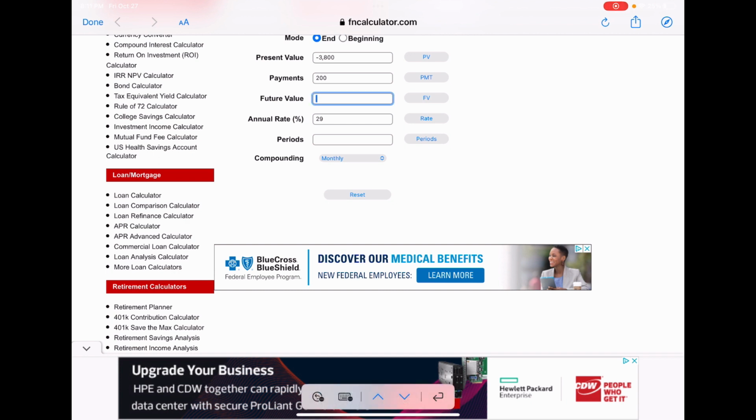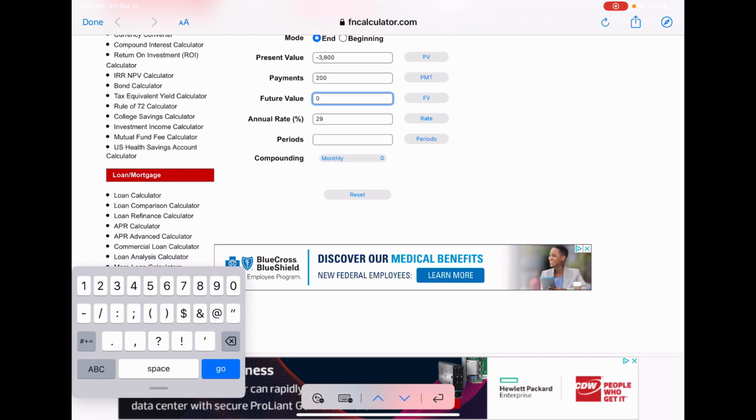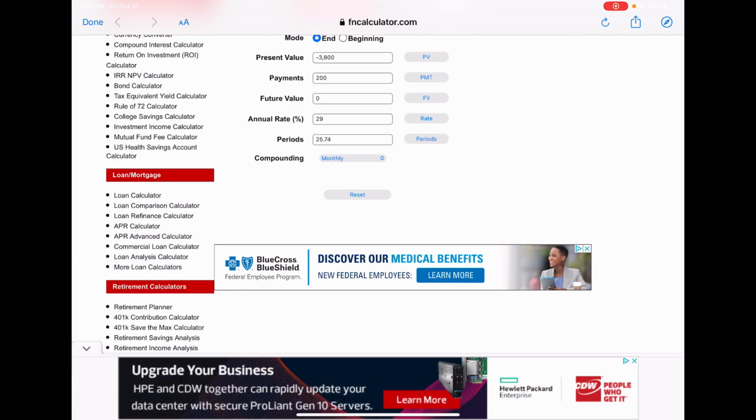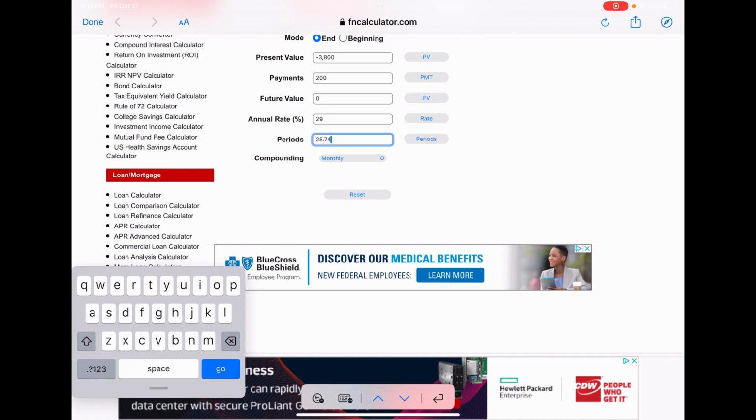And so if we're trying to figure out how long we need to wait to be able to pay this loan off, we're trying to figure out how long we need to continue making these $200 payments until our future value is zero, like until our current balance is zero. So here, future value is going to be zero. And then when we're trying to figure out what our periods are going to be, you can just click on periods, and we get 25.74.